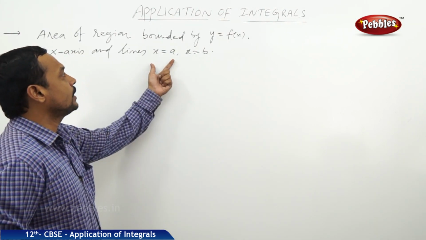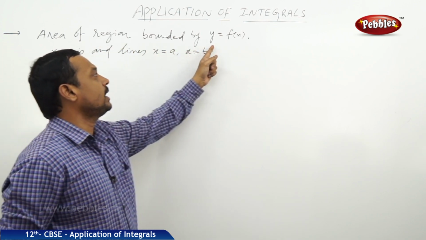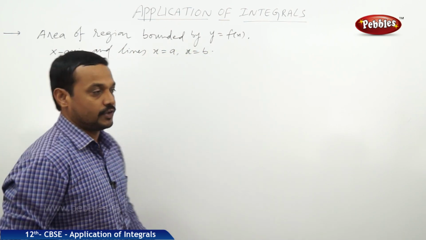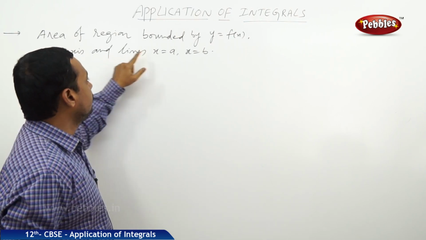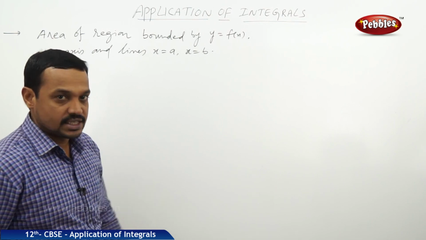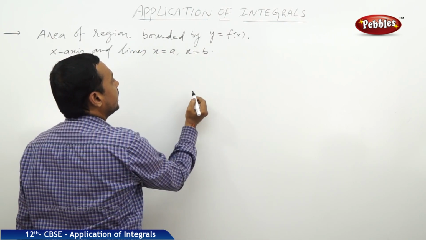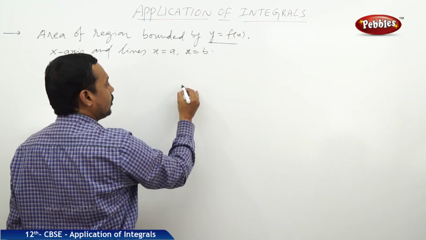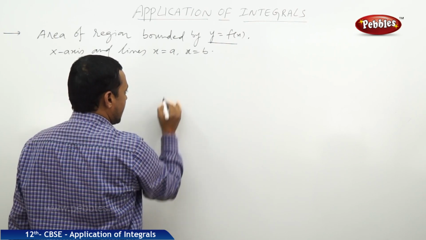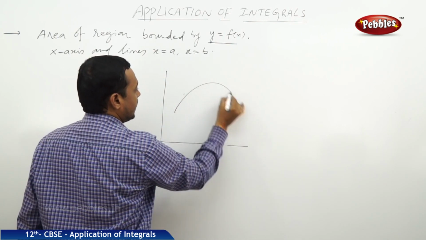Now let us find the area of the region bounded by some curve y is equal to f of x, the x axis, and between the lines x is equal to a and x is equal to b. Now let us take the function or the curve y is equal to f of x like this as shown in the figure, just above the x axis like this.